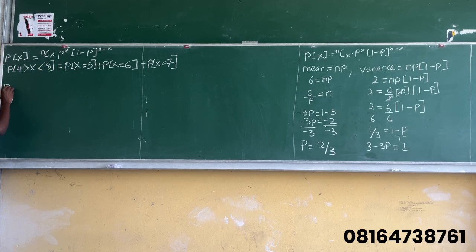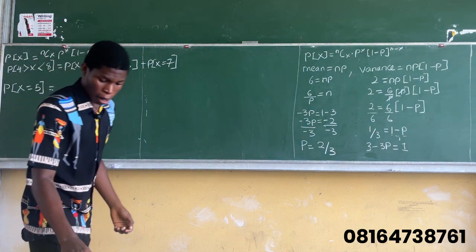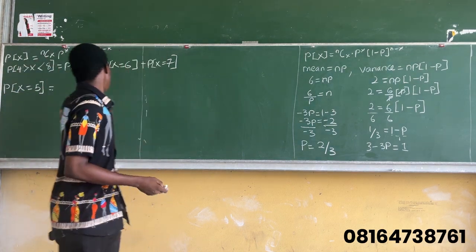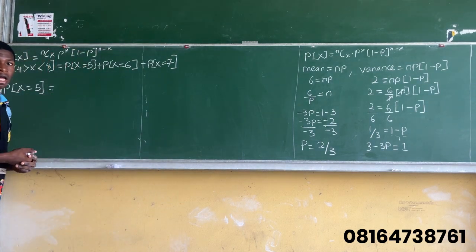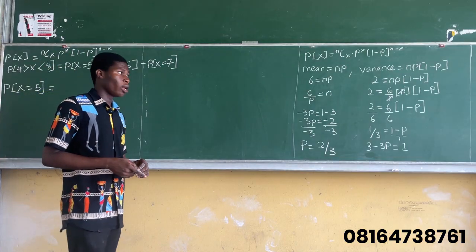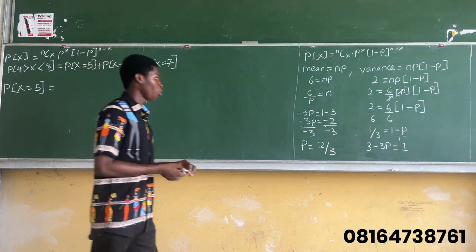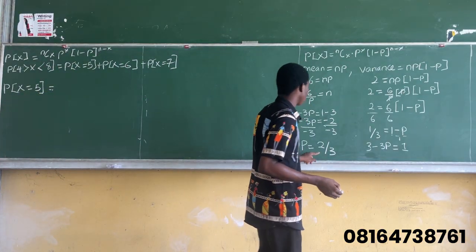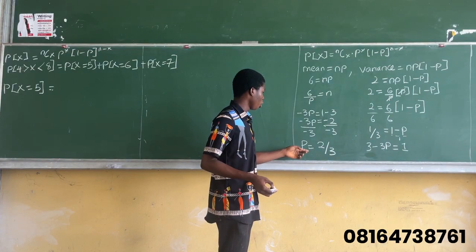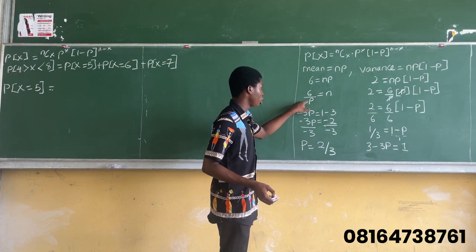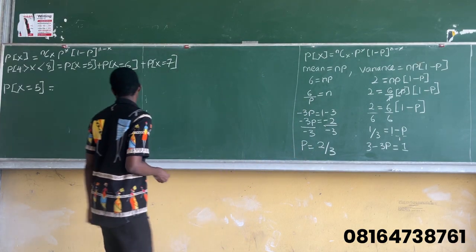So P of x equal to 5 is equal to, earlier I told you that n is equal to what? The number of trials. Okay, we haven't solved for it. We'll just basically plug in 2 over 3 into this equation. So let's work that out.